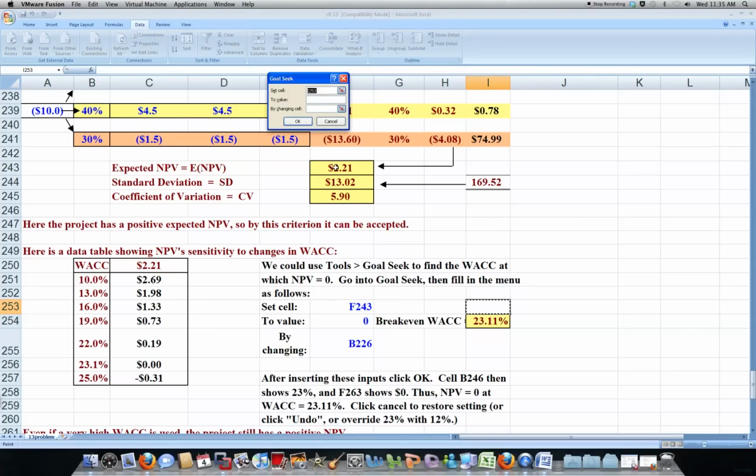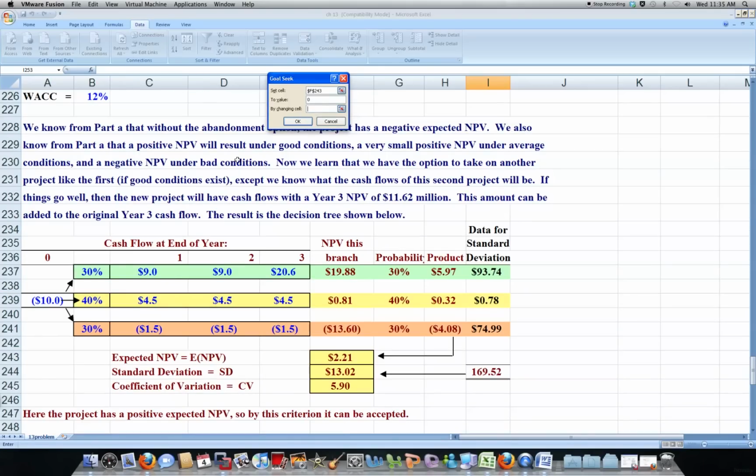We want to set cell, this cell right here, to 0, because that'll be a break even for it, right? And we're going to set it to 0, and we're going to set it by changing our weighted average cost of capital.